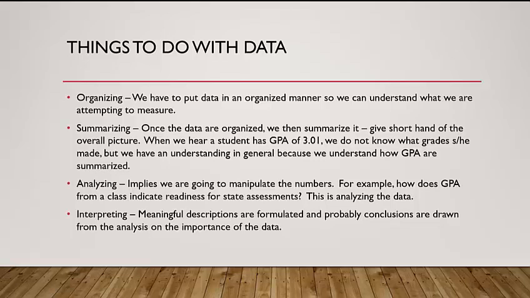So if we were to find that teacher A had a high correlation with her grades and state algebra test, and teacher B had a low correlation with her grades in the algebra test, and we look at the grades and compare the class grades from teacher A to teacher B, what that might tell us then is that teacher B's grades, for one reason or another, we don't know, the data don't tell us this, but those students, even though they're receiving similar grades, are not as prepared to take the state test.